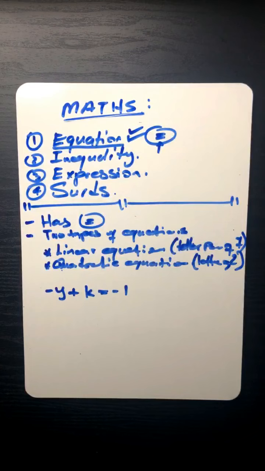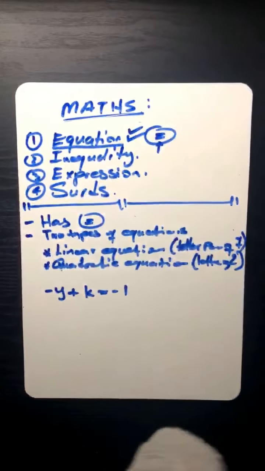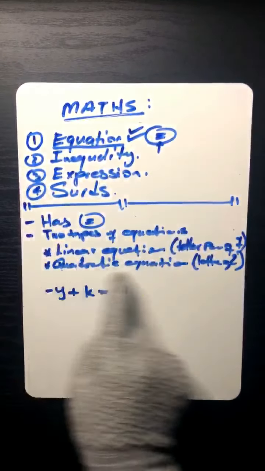100%. So now, what type of math problem is it? Equation. Why? Because of the equal sign. Okay, 100%. So now, in terms of the type of problem, it's linear or quadratic.